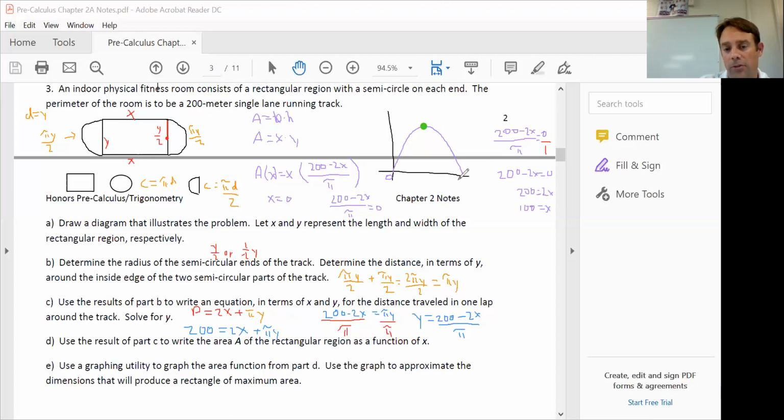So this x-intercept is at 100. That means my vertex is going to be halfway between 0 and 100. I don't think you even need to average this one out; my guess is you probably already know that's 50.